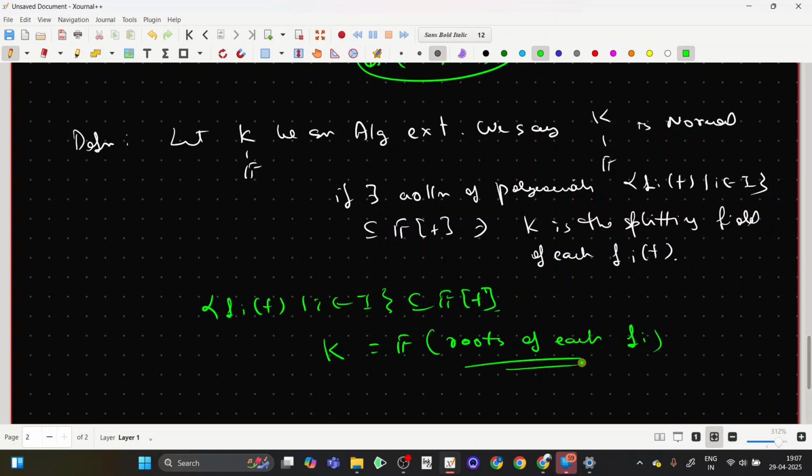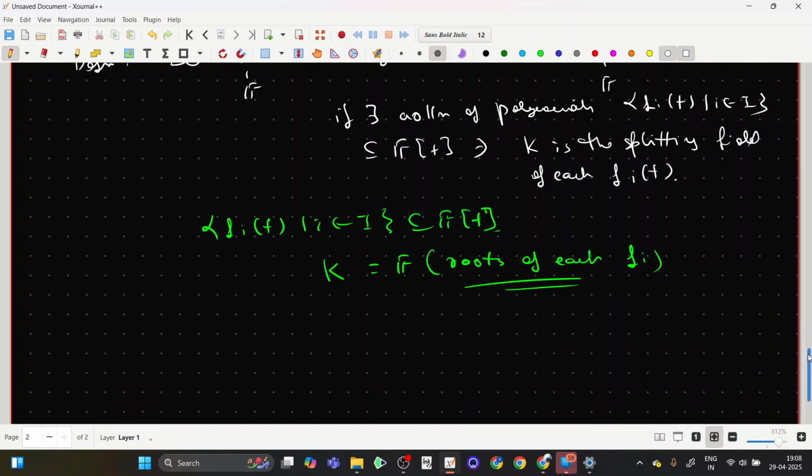Won't that give me the required splitting field? I guess you can already observe that this actually does the same thing, right? Getting my point? So is it clear for you? Okay. Now let's get back to our discussion.